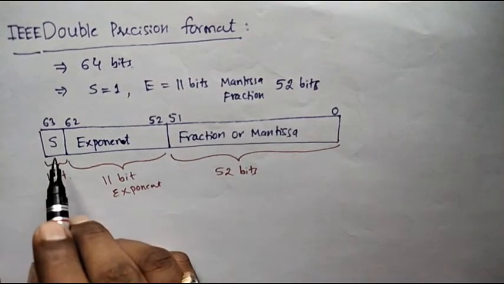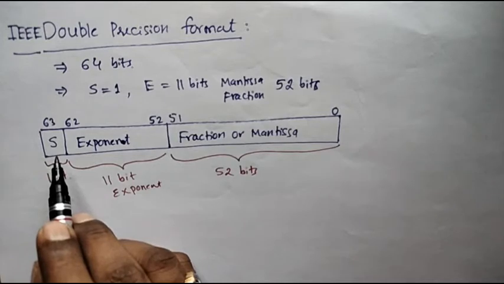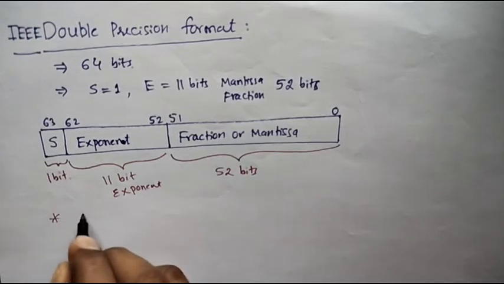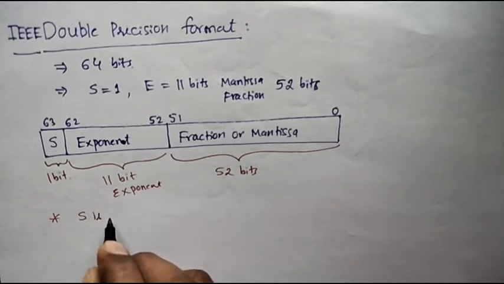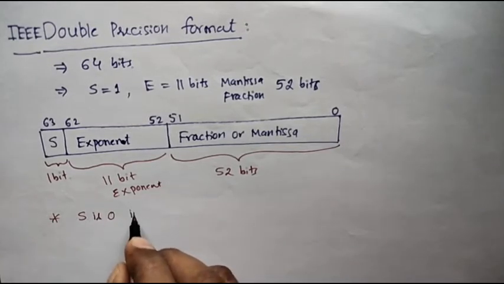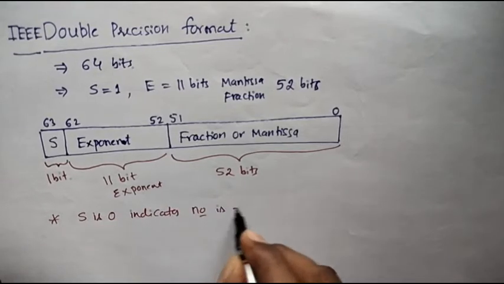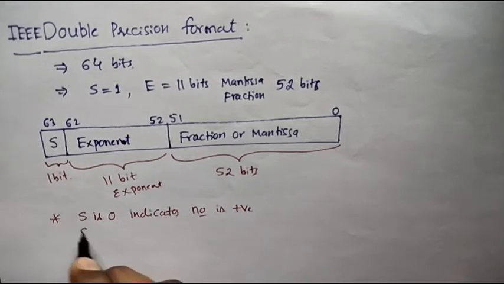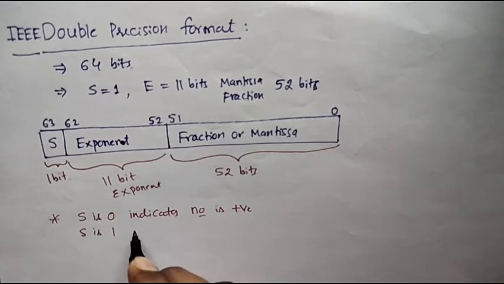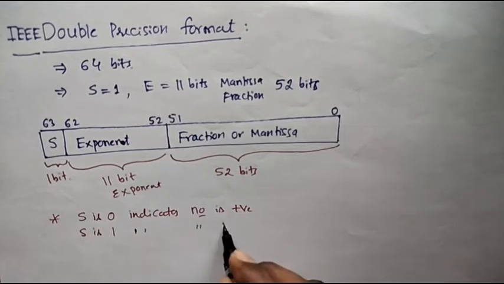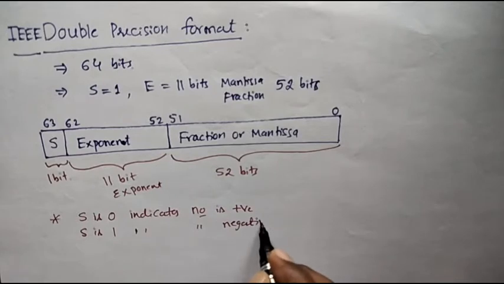Here the sign bit is used to indicate whether the given number is positive or negative. If S is 0, the number is positive. If S is 1, the number is negative.